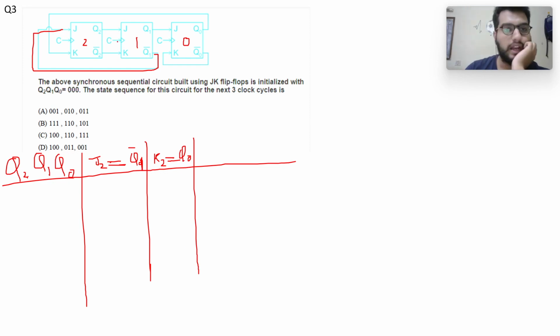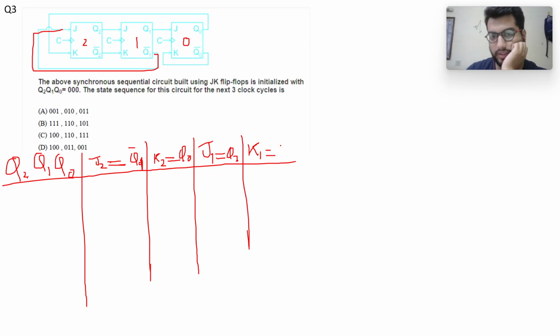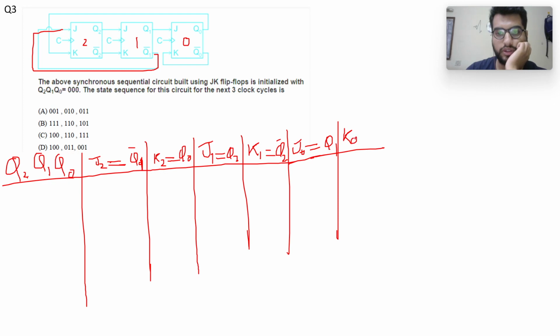And J1 is equal to Q2 simply, and K1 is equal to Q2 complement. Finally we have J0 is equal to Q1 and K0 is equal to Q0 complement. And then we have the next states, so that is Q2 plus, Q1 plus and Q0 plus.